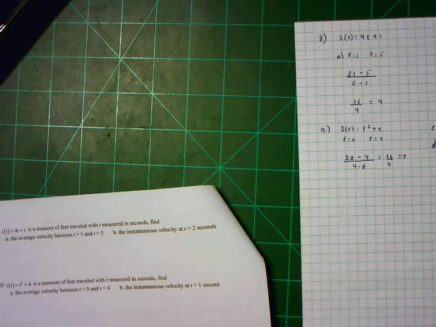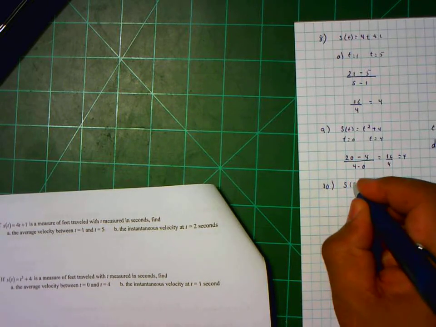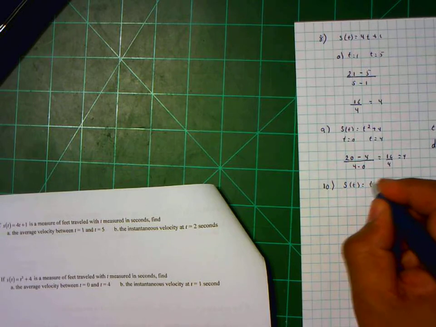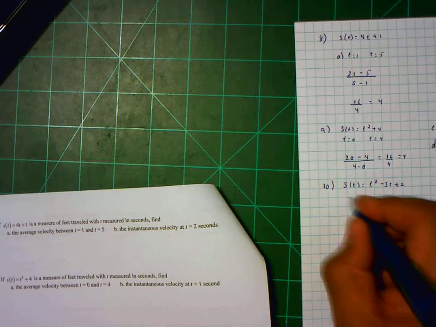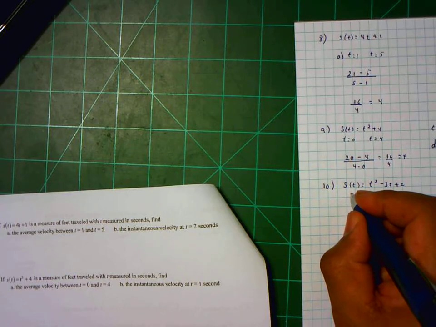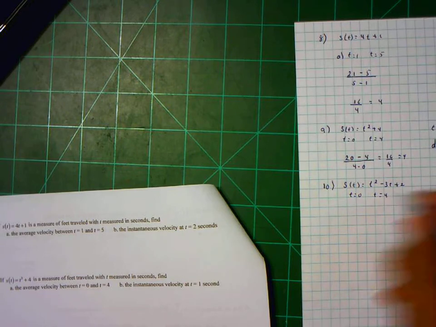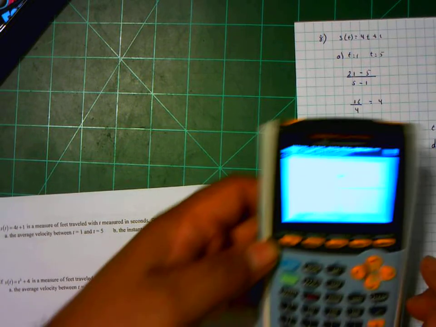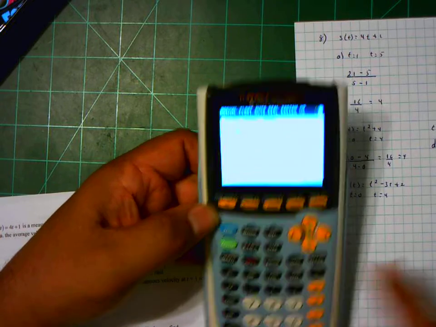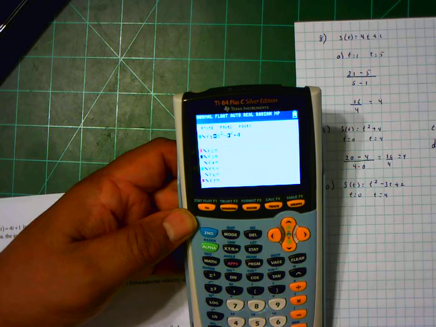Let's do number 10. 10 says S of t equals t squared minus 3t plus 2. I want to go from t equals 0 to t equals 4. And I want t equals 1. So let's try this one. Go to the equation editor, clear it out first, and put in the function x squared minus 3x plus 2.